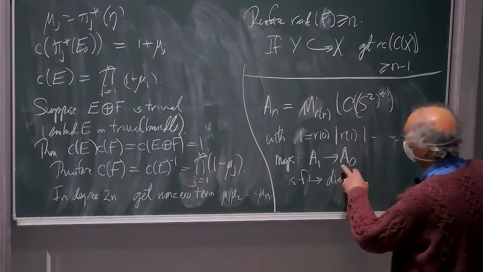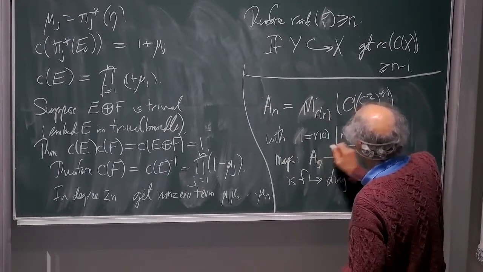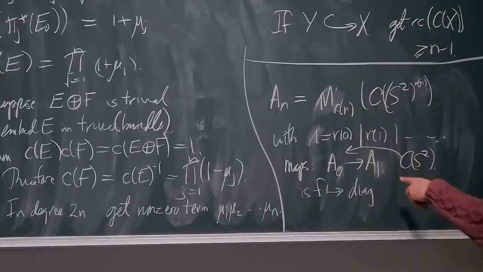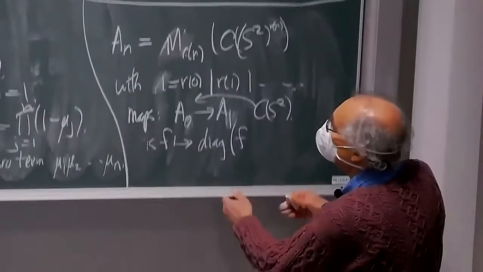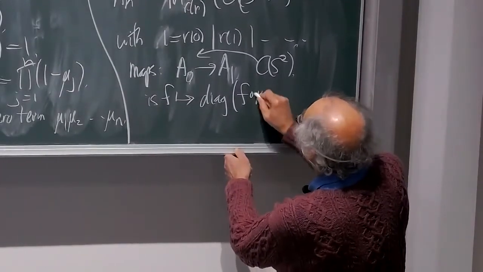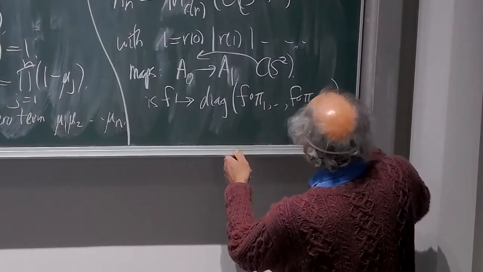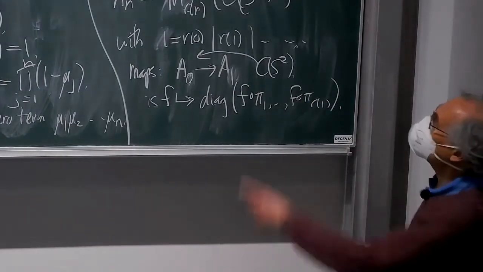So F is, sorry, A0 to A1. This is C of S2 rather. This is matrices. Diagonal of F, I'll use the same letter for the projections. F composed with pi 1, F composed with pi R of 1. And then you do something similar with the rest of them.